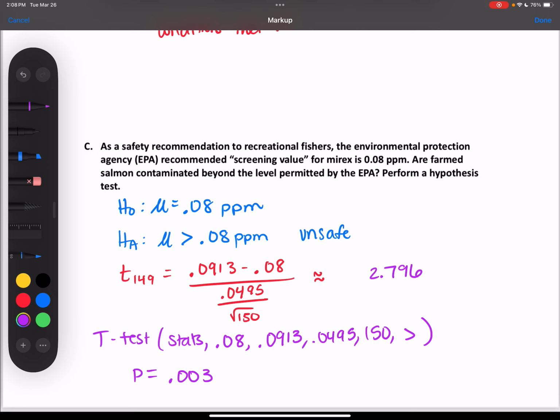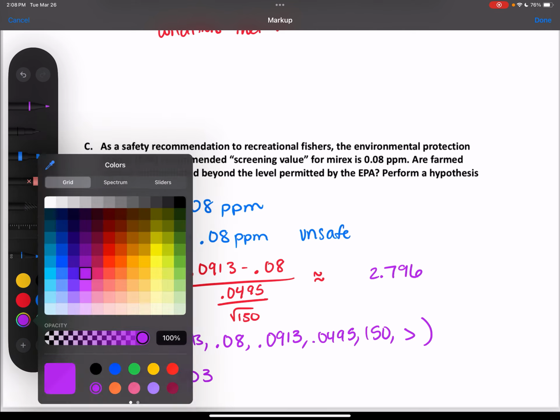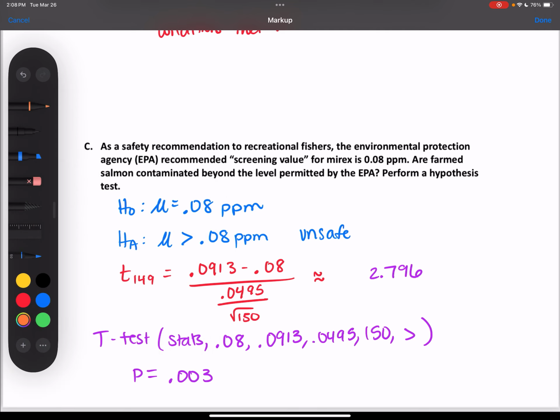So this p-value is 0.003, and what is our alpha for this? 0.05, so that's less than 0.05, which is alpha. So what does that mean? I reject the null hypothesis. And what does that mean?